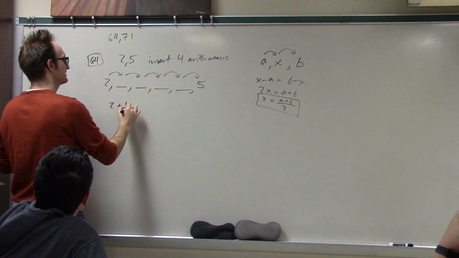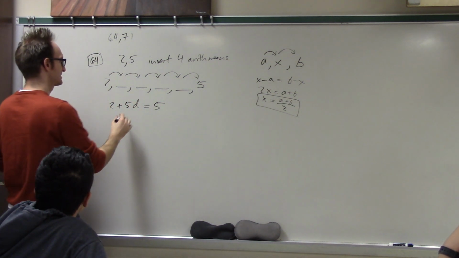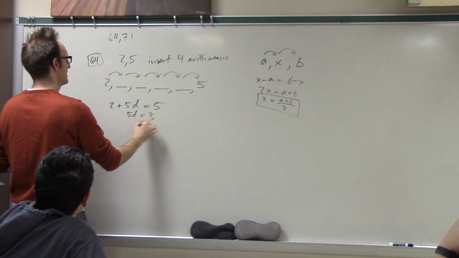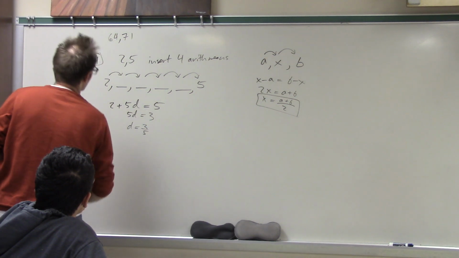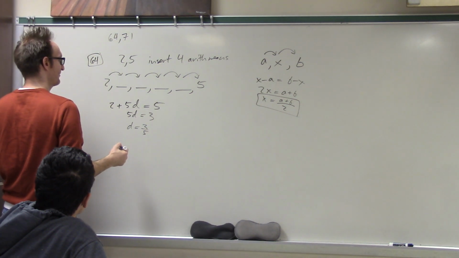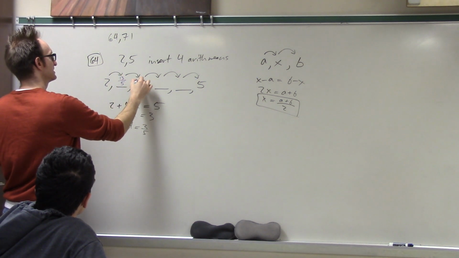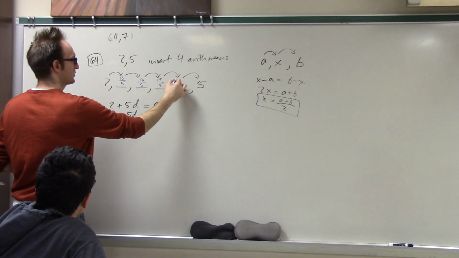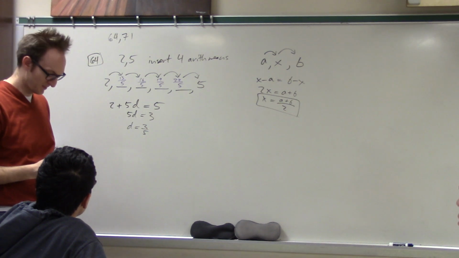So 2 plus 5d has to be 5. That tells me what d is. 5d is 3, so d is 3/5. Those numbers are 13 fifths, 16 fifths, 19 fifths, 22 fifths, eventually getting to 25 fifths. Cool? Okay, good.